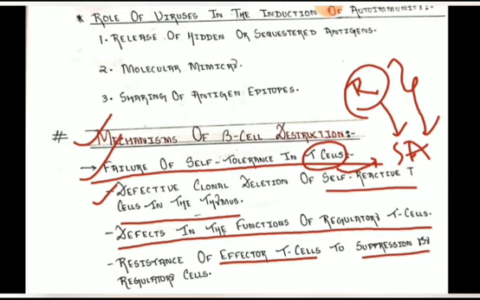So due to the defect in the function of the regulatory T cells, there is a resistance of the affected T cells, due to which they are not suppressed. Due to these reasons, there is a failure of self-tolerance in the T cells, due to which they can now act against the self beta cell antigens.